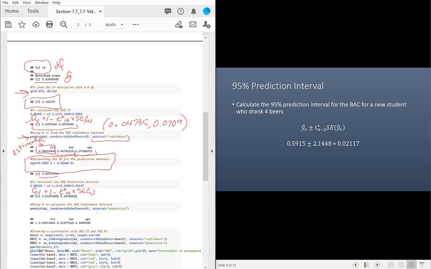So our 95% prediction interval is 0.0137 to 0.1046. We can also use this code. Note that we use interval equals prediction to find our prediction interval. This should say prediction.